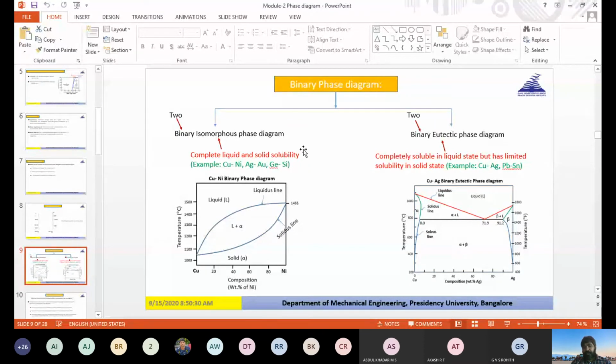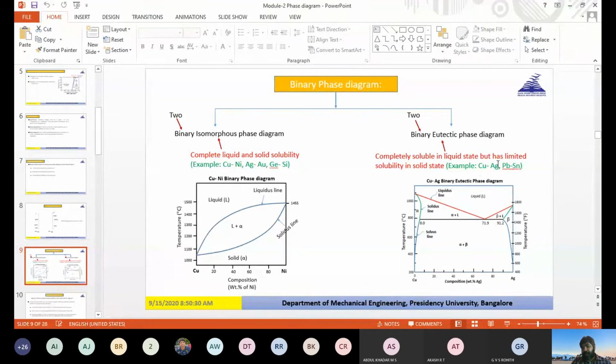But if this is not the case, when the two components are completely soluble in the liquid state, meaning whatever the concentration you take, they are completely soluble in each other, but have limited solubility in the solid state, meaning in the solid state those two components are not soluble in each other.